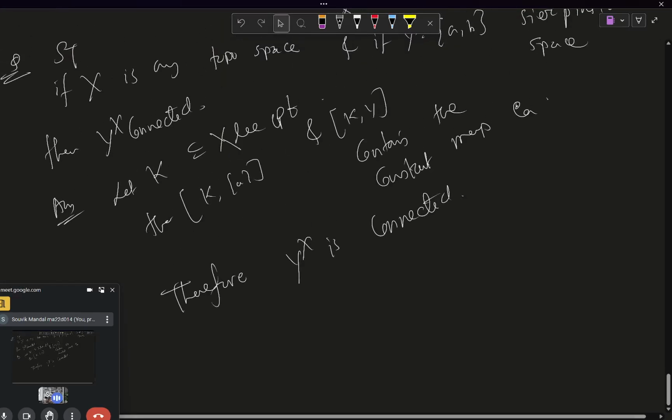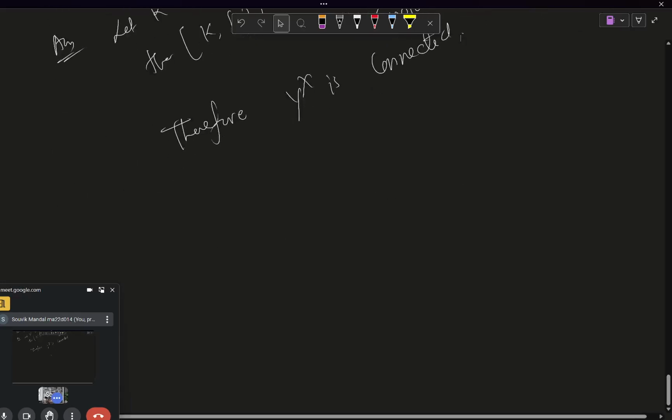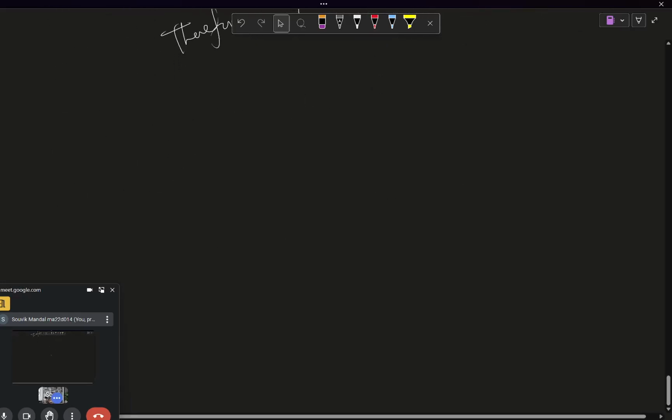K is a compact set. The bracket [K, {a}] and the bracket [Y, c] contain the constant map c. So therefore, is the bracket connected? Now let's go to the next problem.